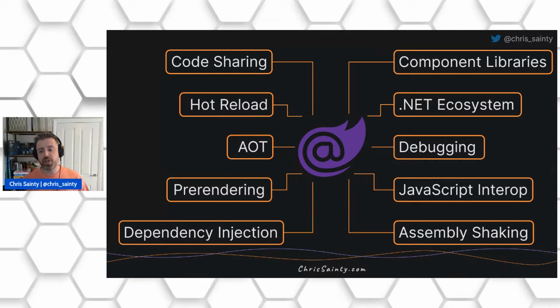We have JavaScript Interop APIs. These are actually really important. I know one of the selling points for Blazor can be that you don't have to write JavaScript anymore, and that's a fair selling point. You can definitely write entire applications in Blazor without any JavaScript at all. But there are times where you might want to use it. For example, say you want to render a chart in your Blazor application.